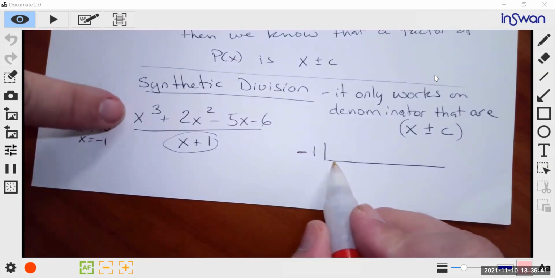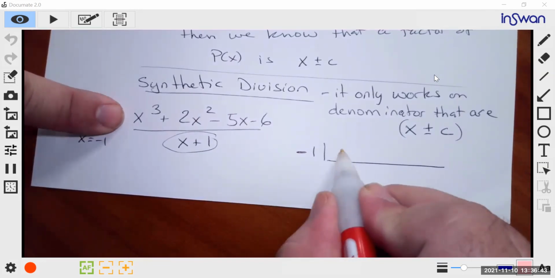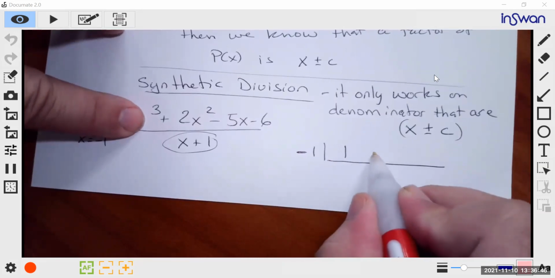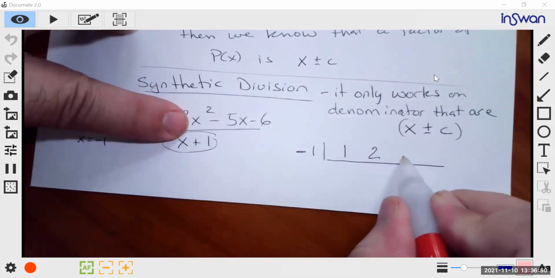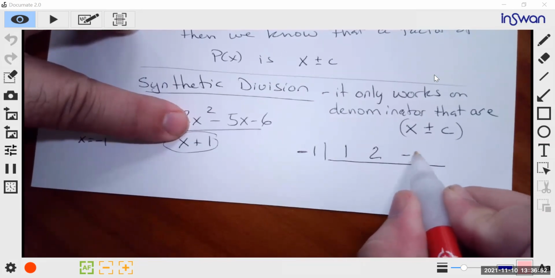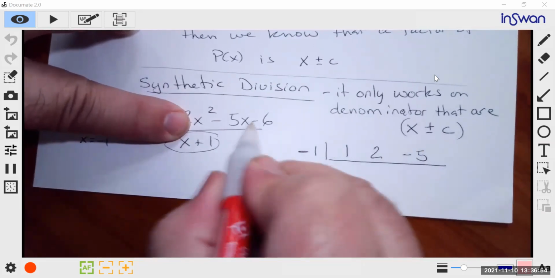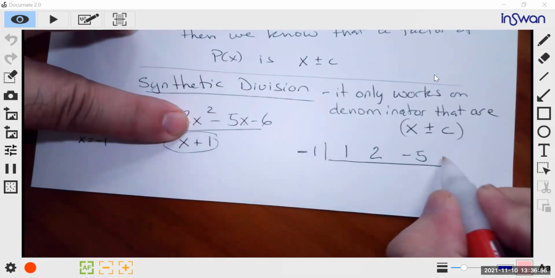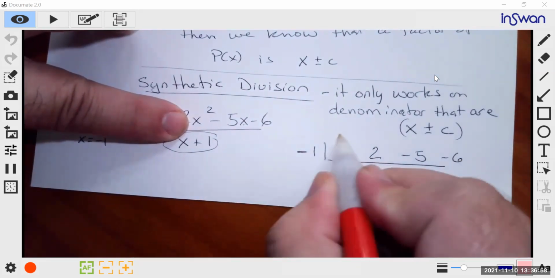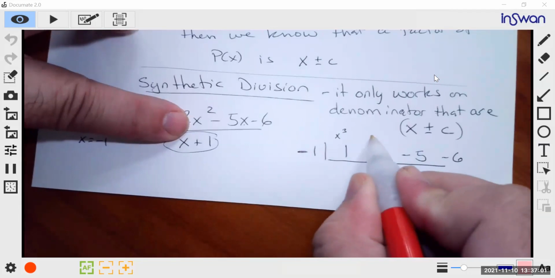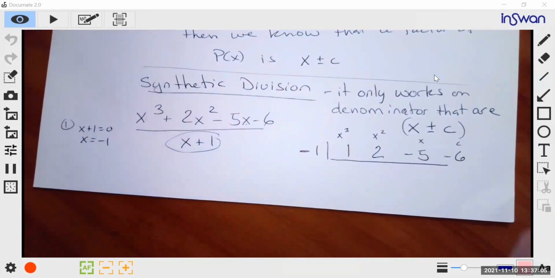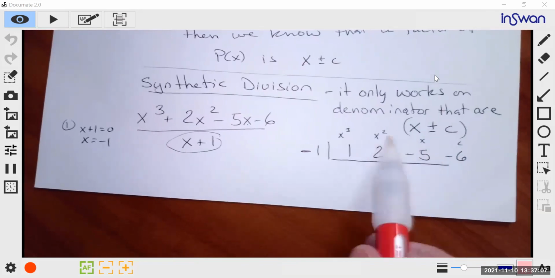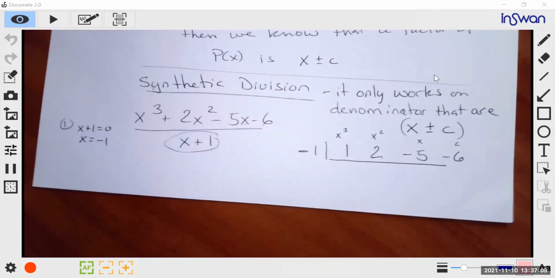So what's the coefficient of x cubed? What's the coefficient of x squared? And then of x, and then the constant. It starts with the highest exponent and works its way down to the constant. If one of the variables isn't in the equation, put a 0 for it.